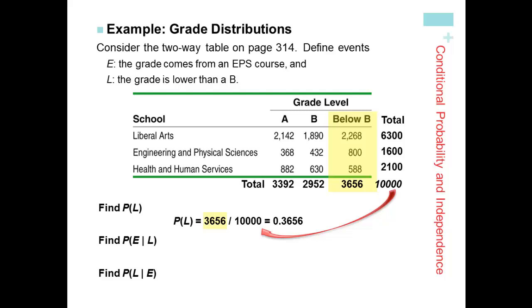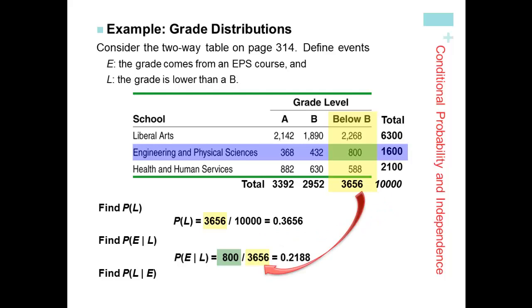The second one is read the probability of E given L. So I'm looking for the probability that the grade comes from an engineering and physical science course under the condition that the grade is lower than a B. For this calculation, I would just be looking at the grades lower than a B, which is 3,656, and then figure out how many were from the engineering and physical science classes, in this case 800.